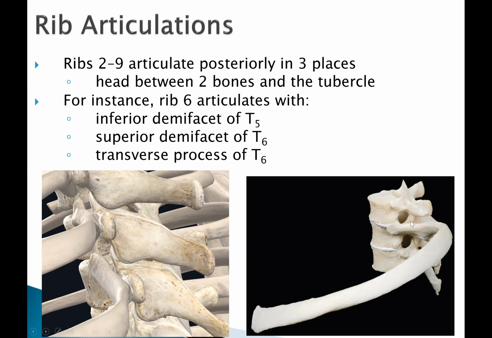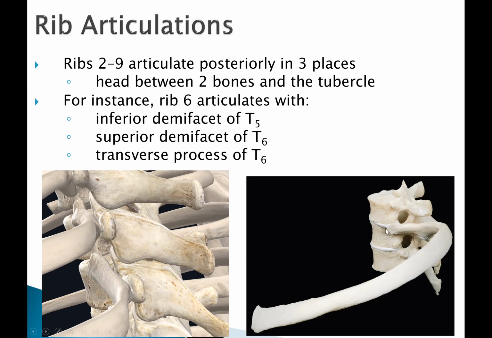So I know there's a lot of words here, and I'll show you on a different slide, but when we're talking about ribs 2 through 9, what I want you to remember is where it connects. Okay, so if we take, like, say, rib 6, it's going to articulate with the inferior demifacet of T5. So this will be T5, and this will be T6 right here.